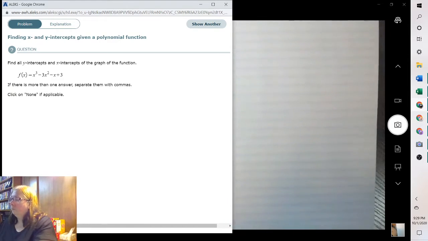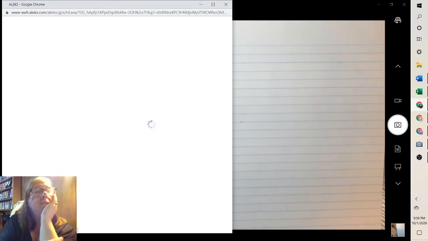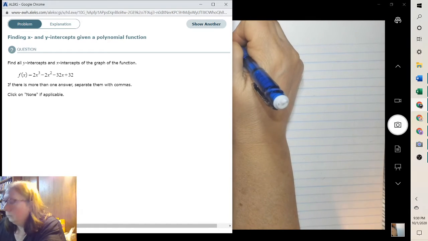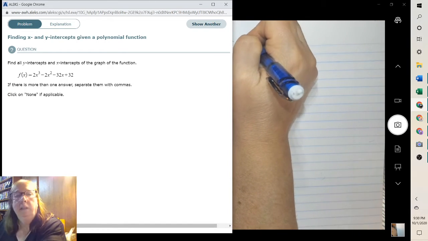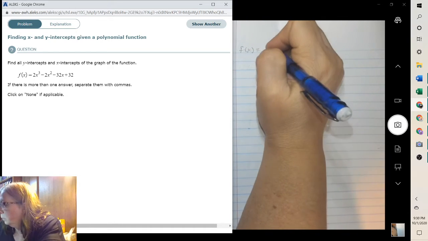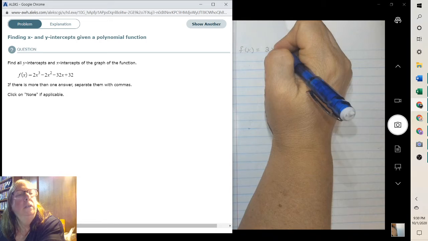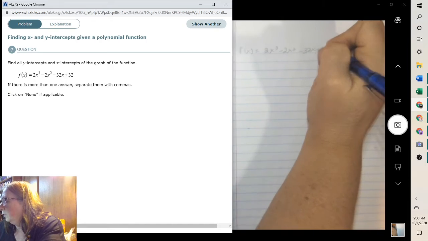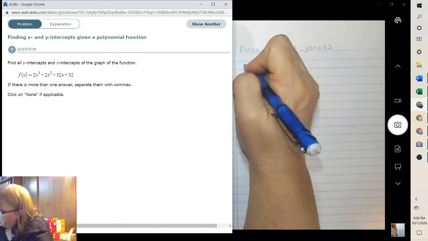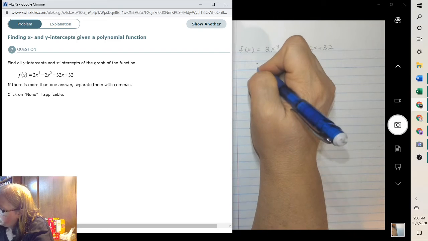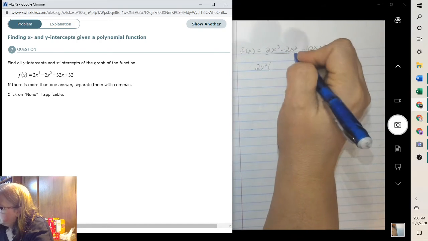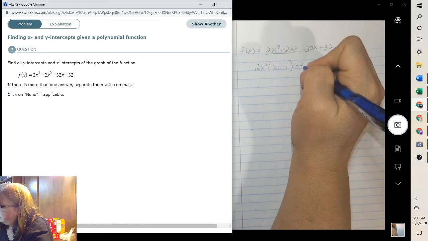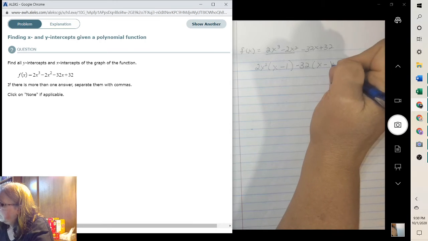Let's try one more. F of x equals 2x cubed minus 2x squared minus 32x plus 32. So factor by grouping, we can pull a 2x squared out of the first group, which leaves us x minus 1. The next one we can pull a -32 out, which again leaves x minus 1.